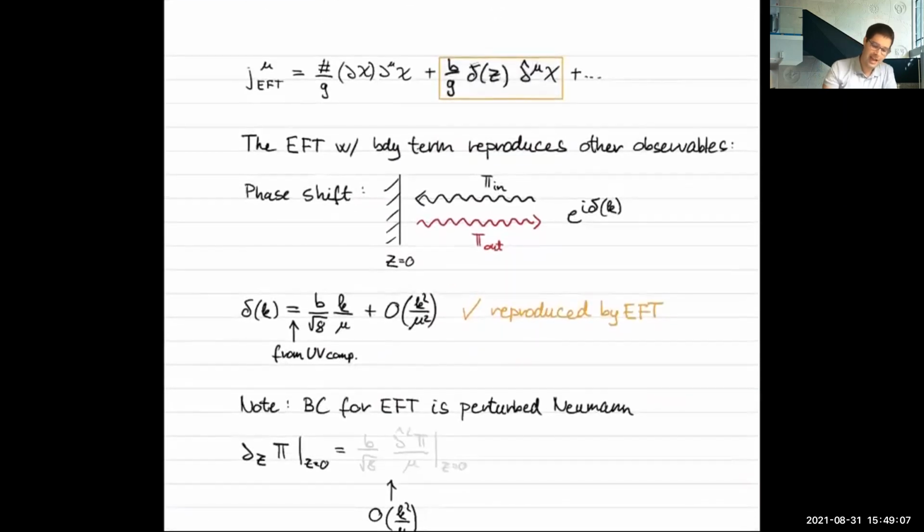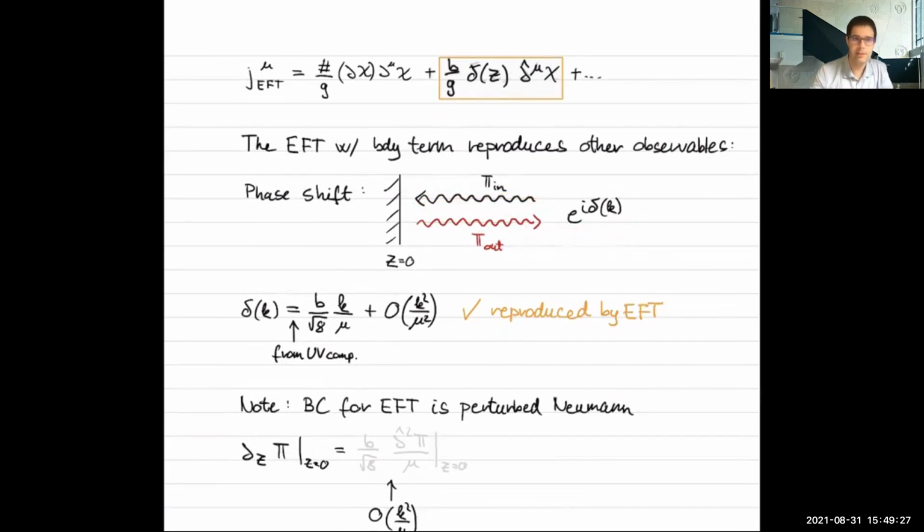A particularly nice one is computing the phase shift in a scattering experiment where we send in a Goldstone wave. So that's pi incident, and then there's an outgoing wave. There's a phase shift e to the I delta between the two.